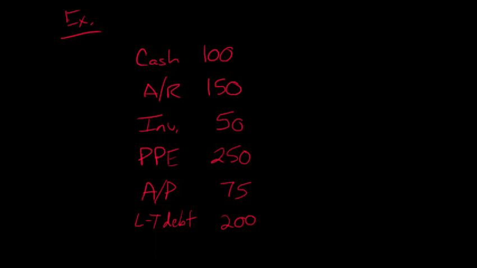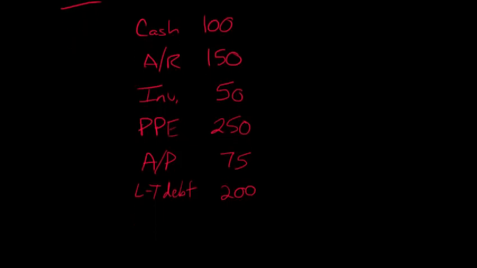Basically, we want to get a ballpark estimate of how liquid this firm is. And so we want to say, okay, let's calculate working capital. Let's go and get our net working capital and see what that is.